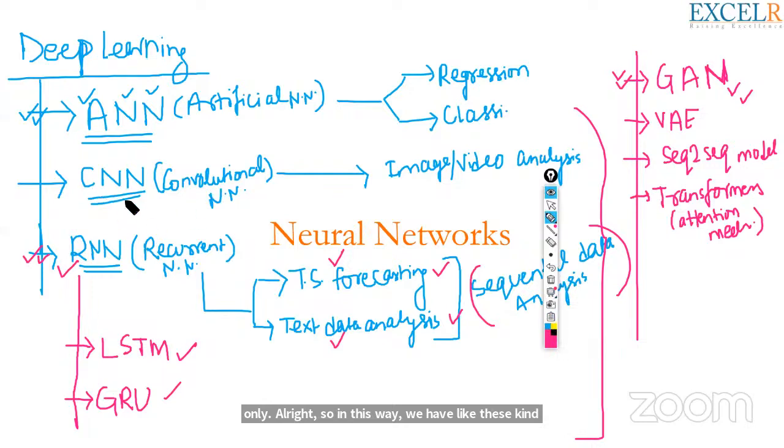And obviously, if I talk about CNN, which is a convolutional neural network, we have a couple of advanced versions of the CNN also. Let me just name all of these modifications or advanced versions. There is something called RCNN, which is an advanced form of CNN. There is something called Fast CNN.